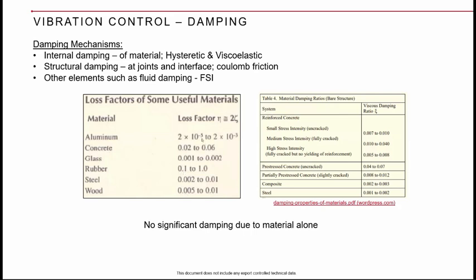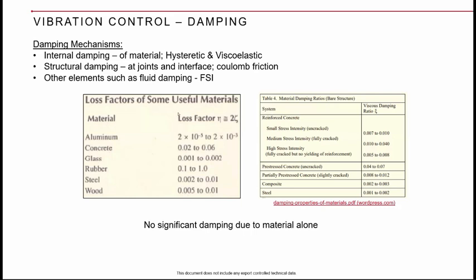Similarly, aluminum, if you see, it is even lesser. 0.2 to 1 percent is for steel, and for aluminum, it is even lesser. So all this is indicating that the damping that you get most out of your system is because of other elements, not because of the internal damping. The material damping alone is not a contributor, but the damping that you get is the structural damping at joints and interfaces and so on.